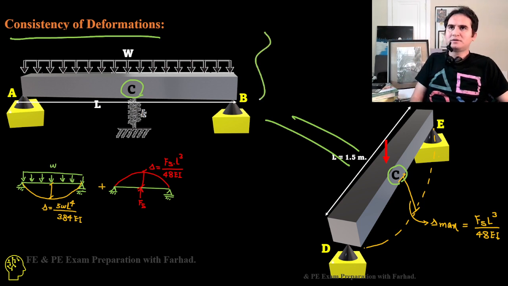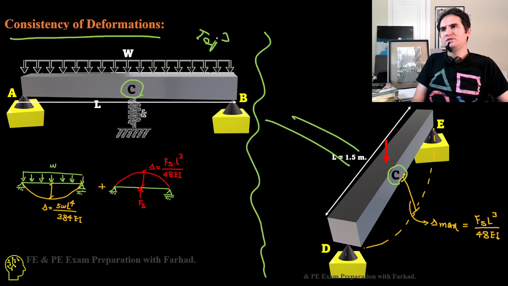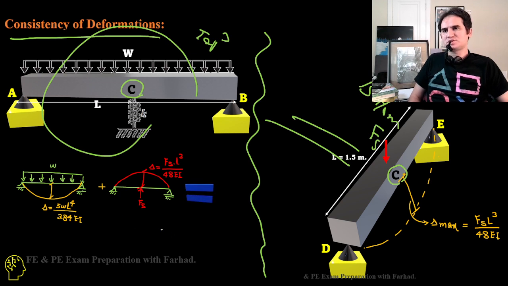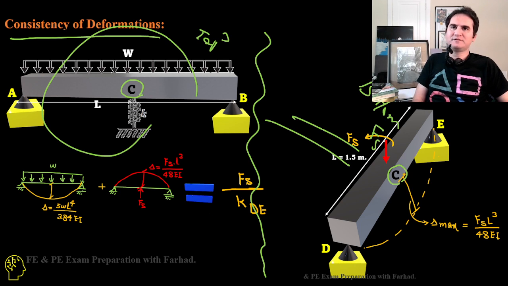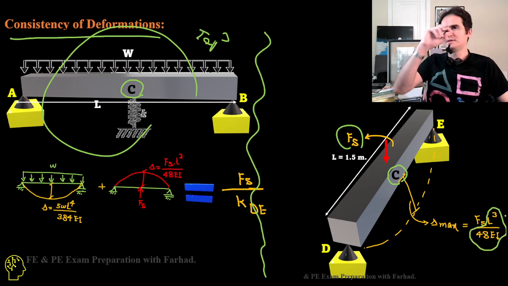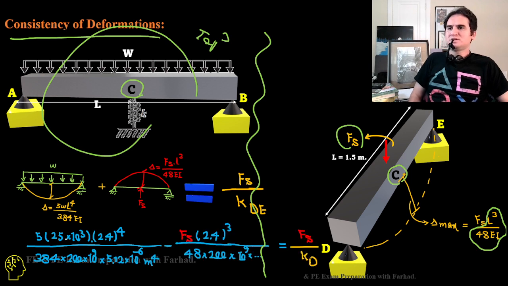So in the top section, we have this configuration of forces, and in the bottom section we have just Fs applied to the below section. So the effect of W, 5WL^4 over 384 EI, plus an upward effect, is equal to Fs over Kd, which we just calculated to be 48 EI over L_D cubed.